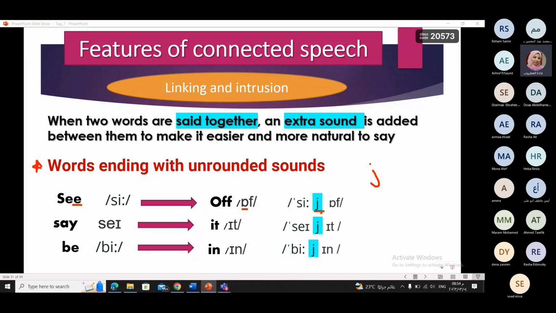So it will be see off. If I say see it, I will say see it. Say it, please. This sound is intruded here.